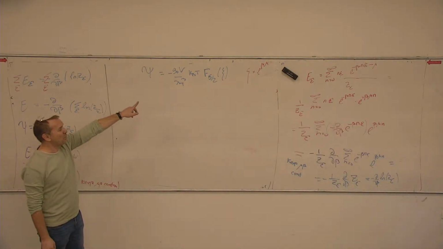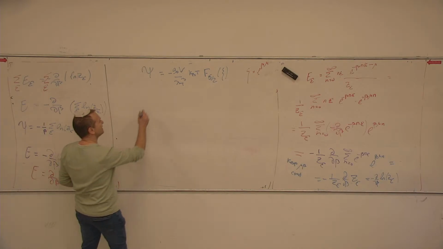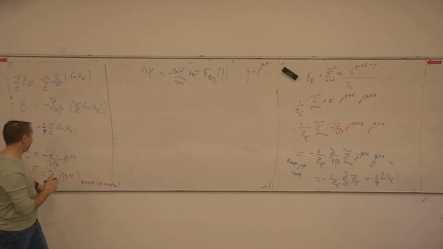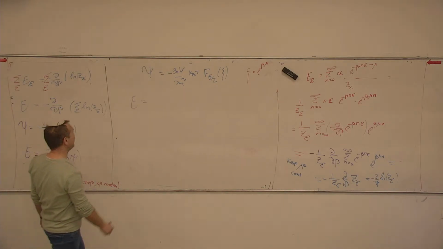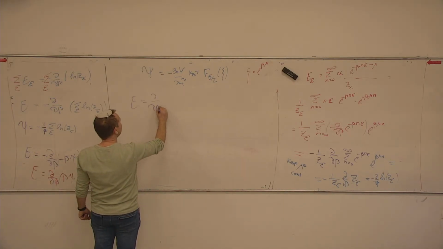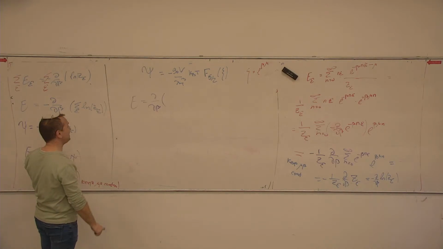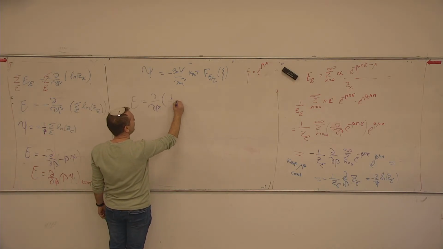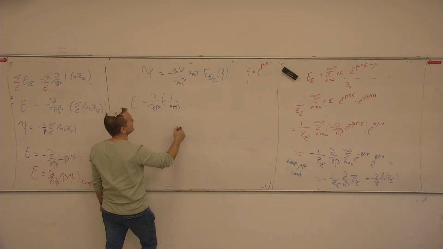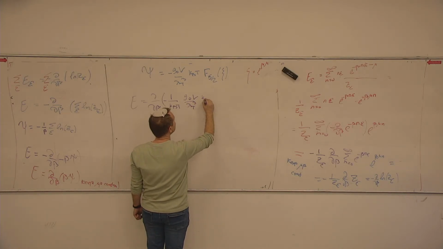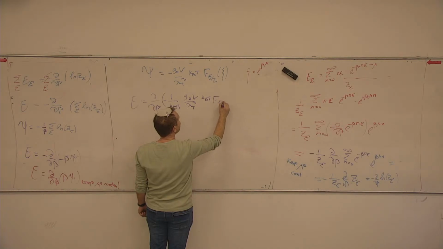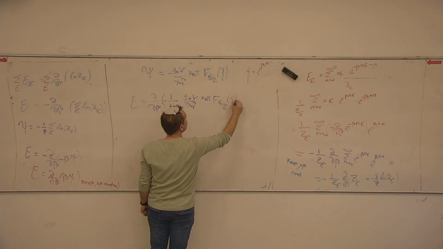Now, what we have over here is, let's take this. So E equals minus d/dβ of ln Z. So it is 1 over k_B T minus g0 V over λ_T^3 k_B T f_{5/2} of the fugacity.